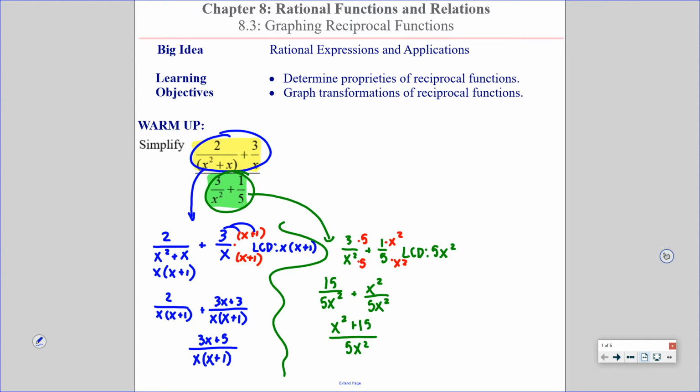Then I'm just going to replace this numerator with that 3x plus 5 as a single fraction over x times x plus 1, and the denominator with x squared plus 15 over 5x squared. And now it's just a division problem.